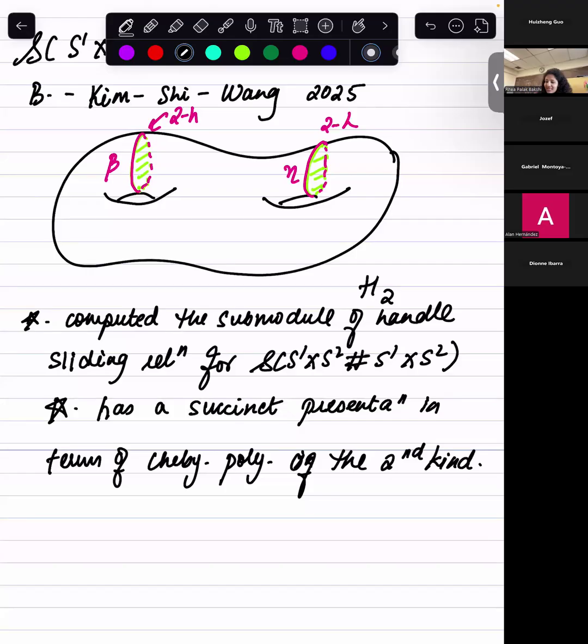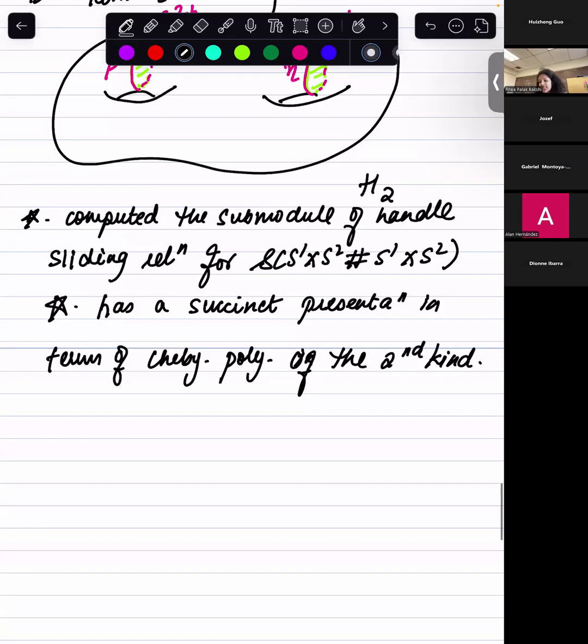But the result that I want to talk about and finish with is the following. We all remember that the Kauffman Skein module of S1 times S2, computed by Przytycki, is infinitely generated. It has one copy of the free part and an infinitely generated torsion part, which is cyclic in nature.